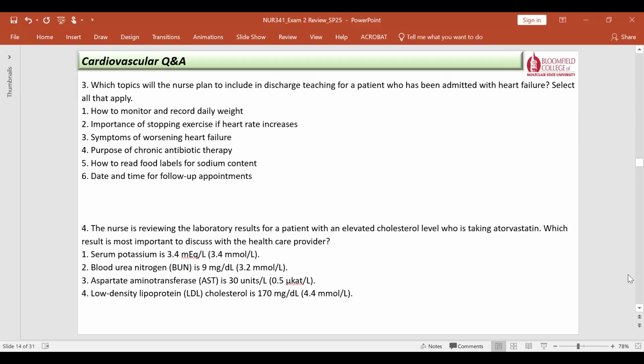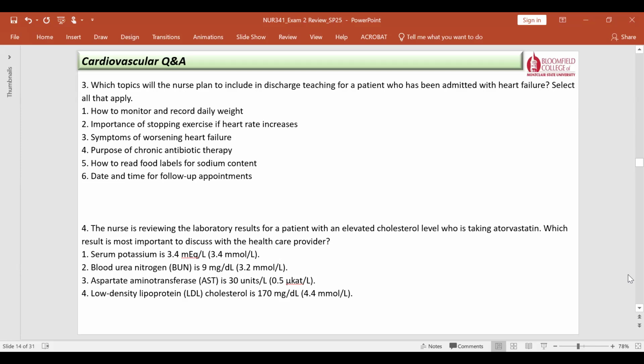So to avoid rehospitalization, the topics that should be included, as you had said, are numbers 1, 3, 5, and 6. When discharging a patient with CHF: how to maintain a low sodium diet, the purpose and common side effects of medications like ACE inhibitors and beta blockers, what to do if symptoms are worsening CHF when it occurs, and follow up with the schedule, the plan of care and appointments.